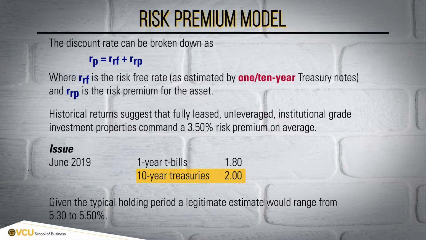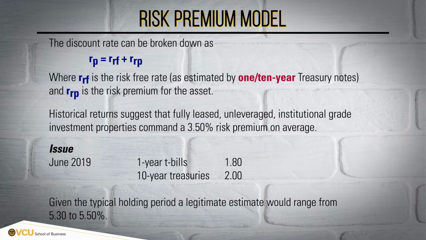So in this example, I would refer to the 10-year Treasury because I'm going to own this property for a lot longer than 1 year, and I want to reflect the influence that that time has on the risk-free rate. So as you can see, it's 20 basis points higher, and of course we're in a low interest rate world right now. Sometimes that spread is dramatically larger, and it's even more important that we reflect the reality that we own this property for longer than just a single year.